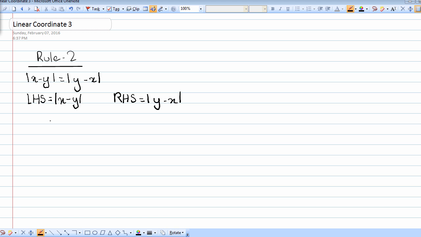We want to prove that we can segregate this equation into left hand side and right hand side, and then we will take one of these components and transform it, or prove that we can reach the other side by using this rule.